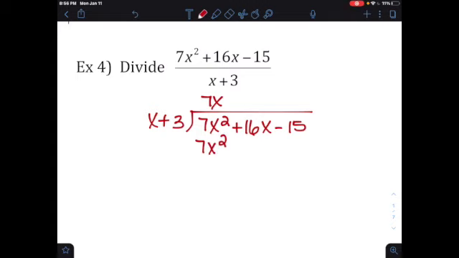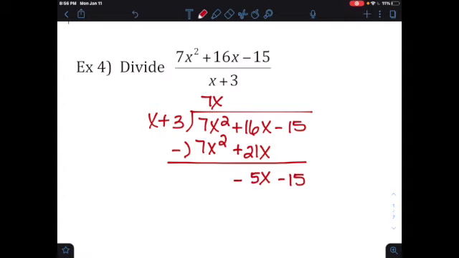Distribute. 7x times positive 3. That's plus 21x. Subtract. 7x squared minus 7x squared, gone. 16x minus 21x, negative 5x. Bring down the negative 15.